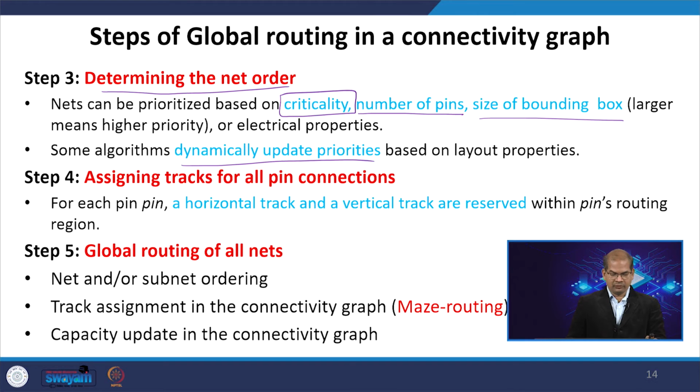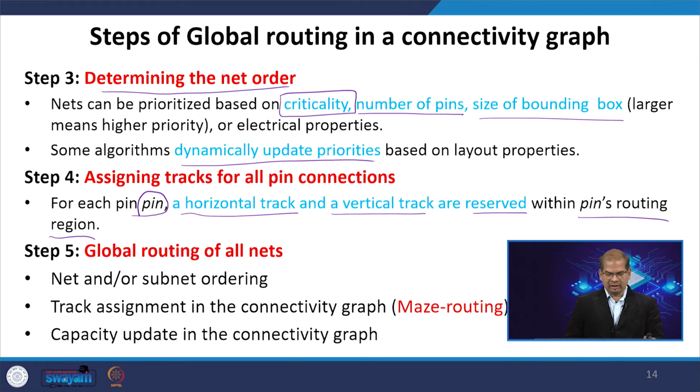Step 4 assigns the tracks for all the pin connections. For a given pin, a horizontal track and a vertical track are reserved within the pin's routing regions. So if I have a pin in the layout, a horizontal track and a vertical track are reserved for that pin.